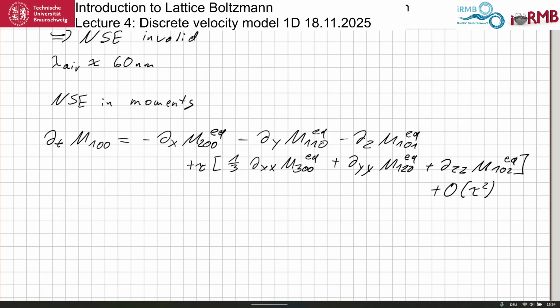This is our Navier-Stokes equation. So the highest moments in Navier-Stokes are m300, m120, and m102. So they are third order.